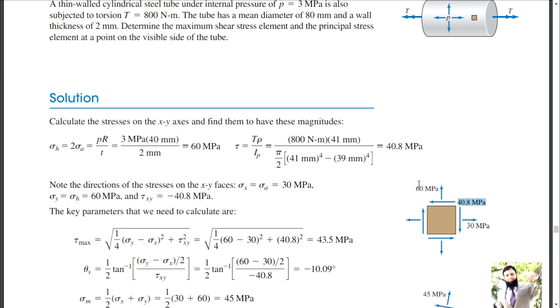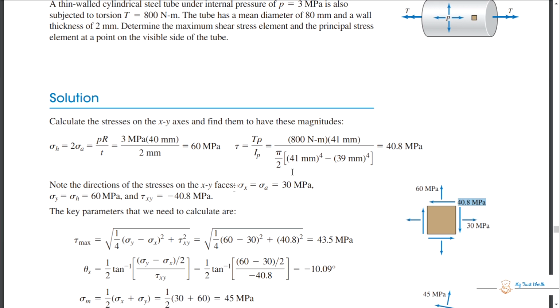Oh, there is a problem. Note the direction of the stresses on X and Y faces.